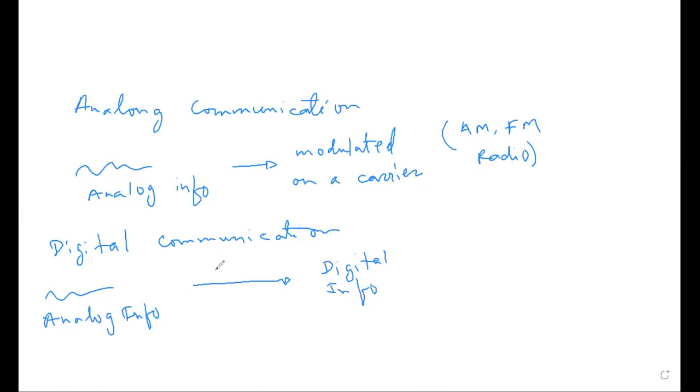You know, PCM or something is used there, right? Okay, and thereafter you do what you may call digital modulation.